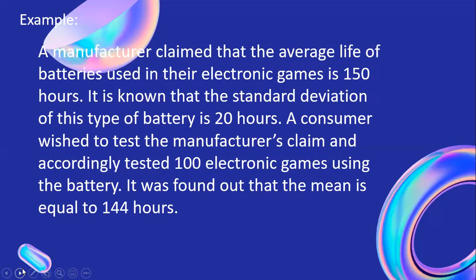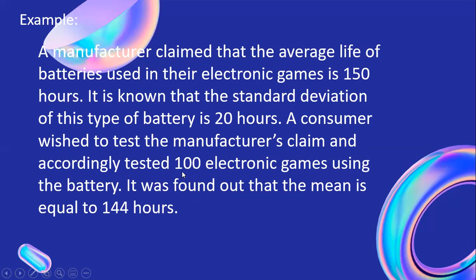Last example. A manufacturer claimed that the average life of batteries used in their electronic games is 150 hours. It is known that the standard deviation of this type of battery is 20 hours. A consumer wished to test the manufacturer's claim and accordingly tested 100 electronic games using the battery. It was found out that the mean is equal to 144 hours. So what are given?